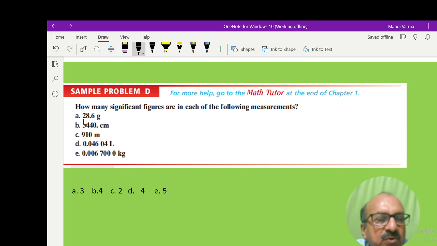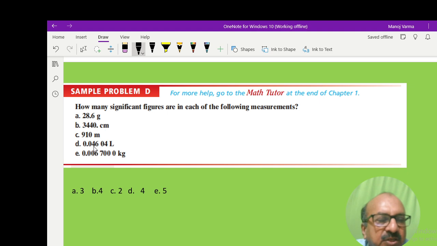There are no zeros, so all the numbers are significant, and therefore there are three significant figures. Here there is a decimal, and therefore this zero becomes significant, and therefore there are four significant figures. In this, there is a zero in the end, but there are no decimal points, so this zero will not be considered significant, and therefore it will have only two significant figures.